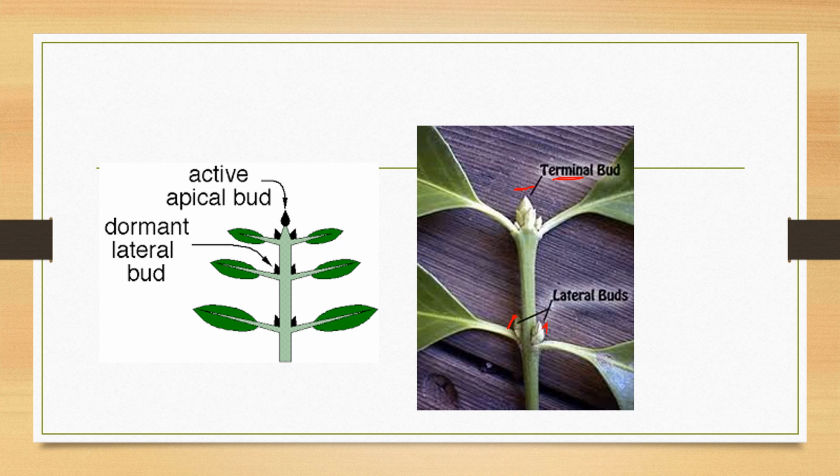You can see the active apical bud and dormant lateral bud. As I said to you, the lateral buds give the branches for the plant. So in some plants they do not need any more branches, so this lateral bud will be dormant by the hormone auxin.